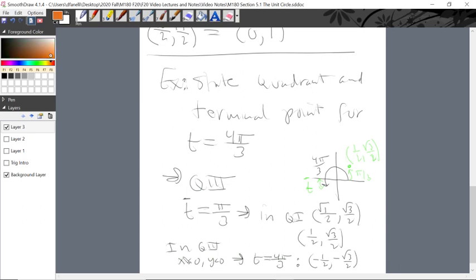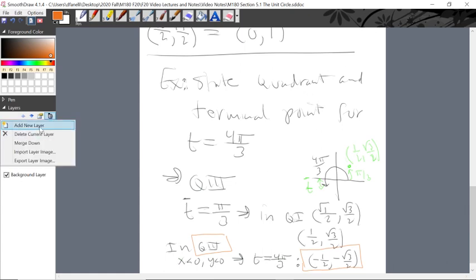Right, so we found the quadrant geometrically, and then we used the reference number and symmetry relative to the quadrant, and knowing the coordinates of the reference number's terminal point, knowing the x and y coordinates for the reference number from that list above, the symmetry told us which of these coordinates were positive and which were negative, and in quadrant 3, both of them would be negative, and that's how we found the coordinates for our terminal point when given a distance on the unit circle of 4 pi over 3.